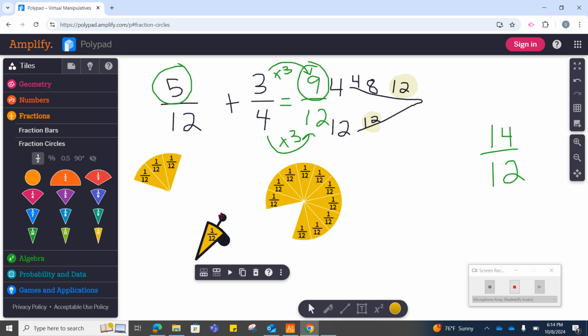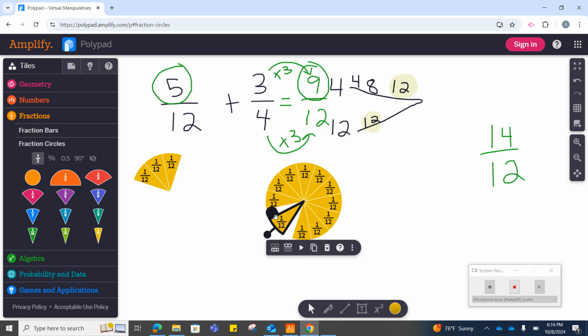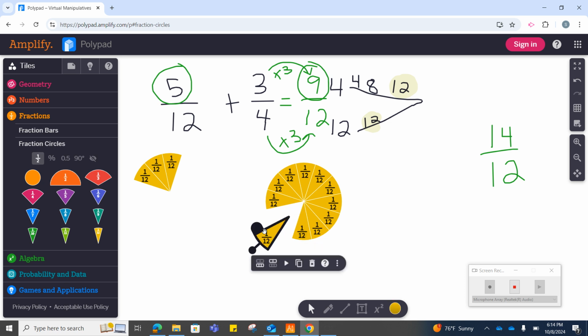Let's move that closer together. There we go. That's another 12th. That's another 12th.